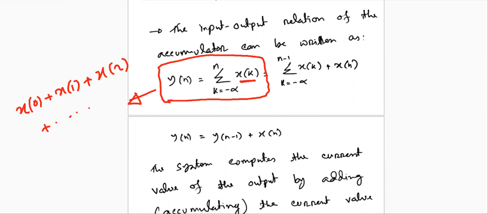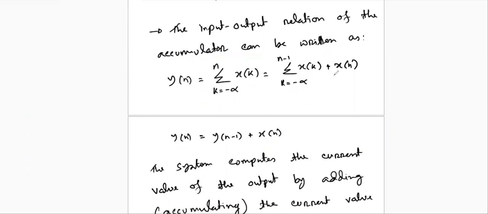On the other hand, what we can do is take the present data and store the previous sum. For example, let's say you need to add 2, 3, 1, 5. You need to add those 4 numbers.